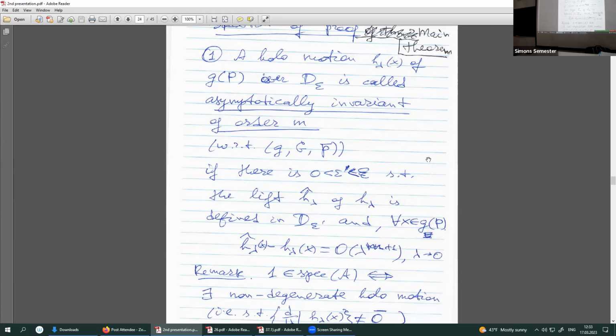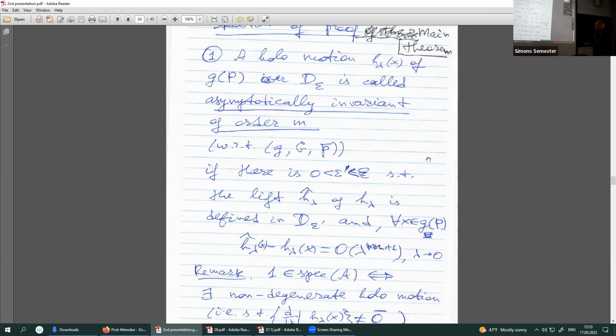Holomorphic motion of this finite set over some disk is called asymptotically invariant of order m if its lift, which is a finite collection of holomorphic functions in lambda near zero, one for each point of the set G of P, coincides with the initial holomorphic motion up to lambda to the power m.